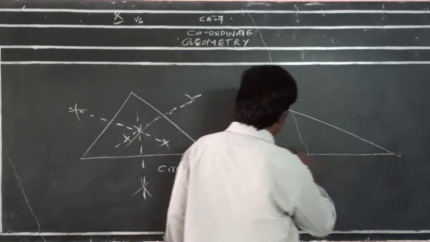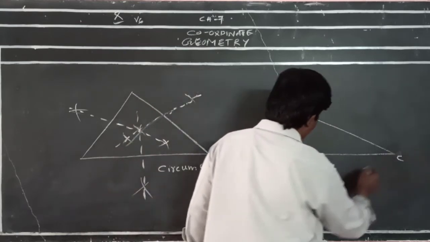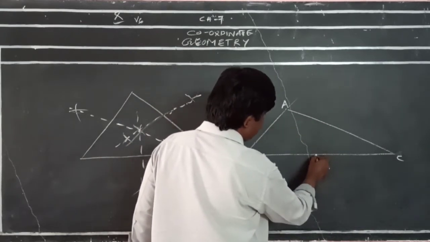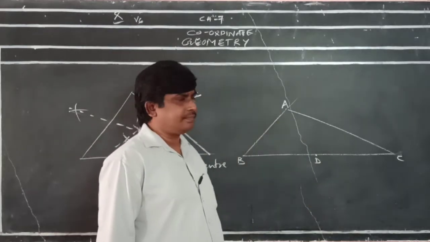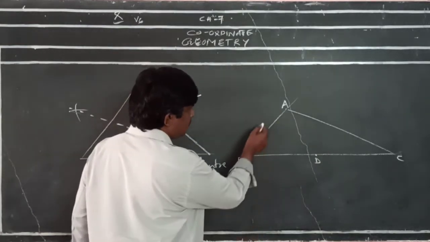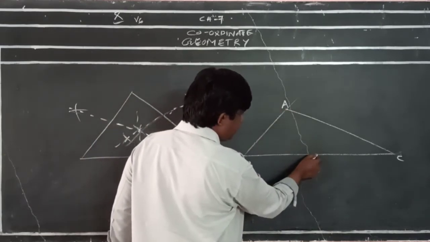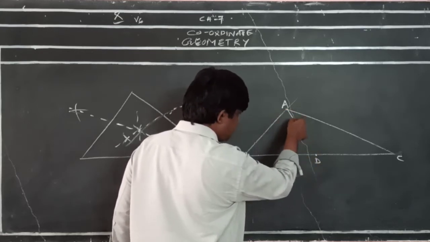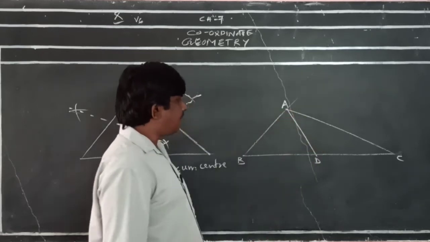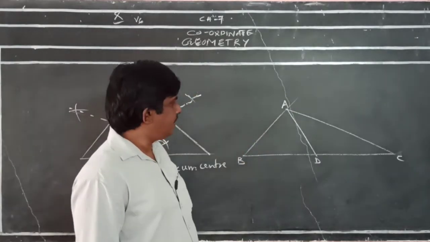Let us name it ABC. I will take the midpoint of BC as D. If I join the midpoint of one side and its opposite vertex, we get the line segment AD.